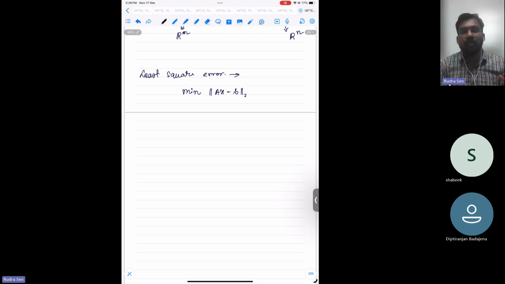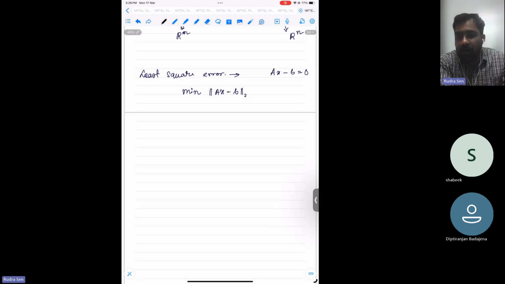Obviously Ax equals b is there, so that means Ax minus b equals 0. If b lies in the column space of A, we get a particular solution for x, and this equation is satisfied for that x.